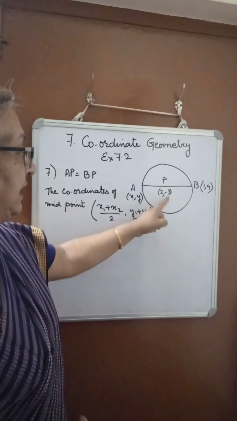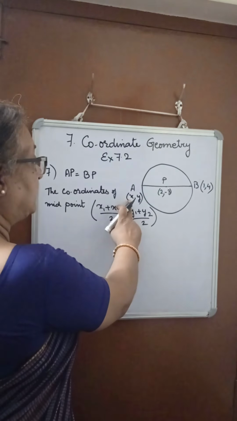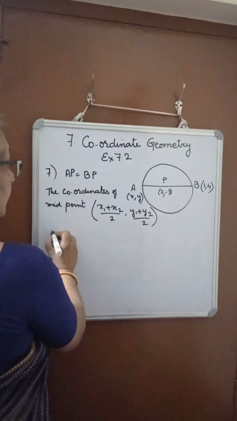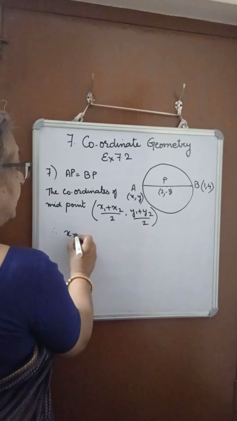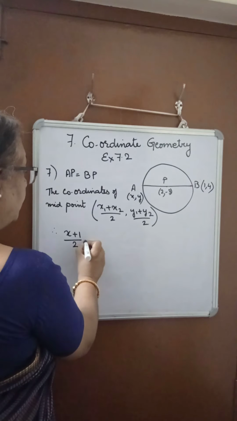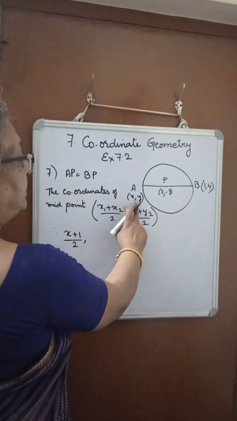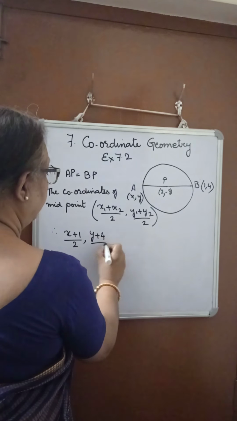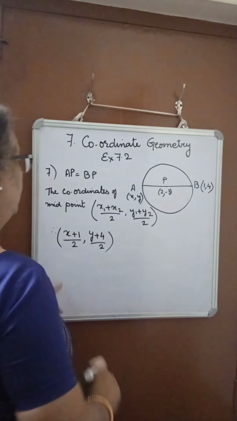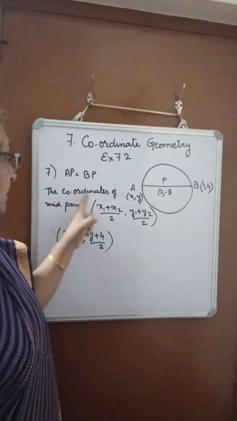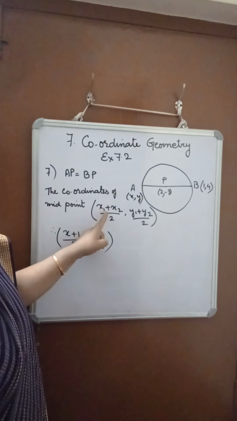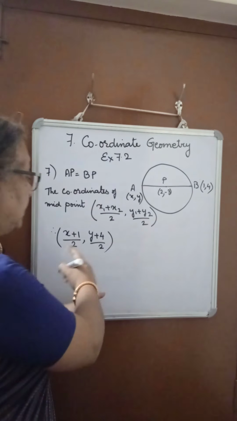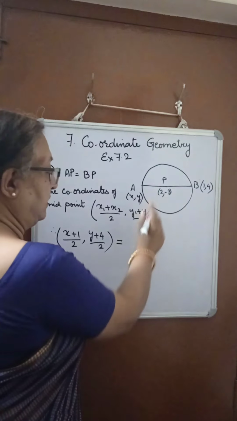So applying this here, what can we write? x and 1 are x1, x2. So therefore, (x + 1) by 2, and y coordinate (y + 4) by 2. So these are the coordinates of the midpoint given by (x1 + x2) by 2 and (y1 + y2) by 2. But the coordinates of the midpoint are already given, (2, -3).